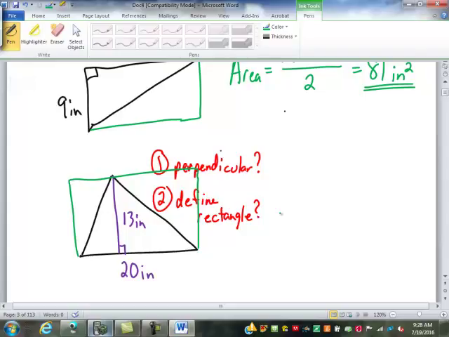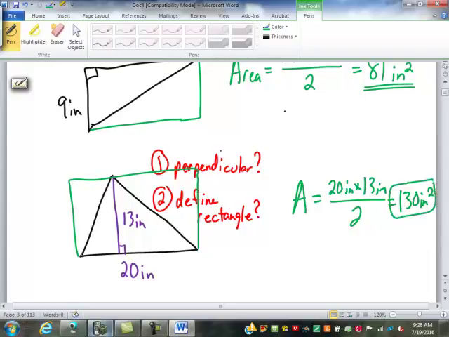So that 20 inches and the 13 inches can be used to find the area of this triangle. So the area is going to be the 20 inches times the 13 inches divided by 2, otherwise known as 130 inches squared. What do you think? Not terrible so far?